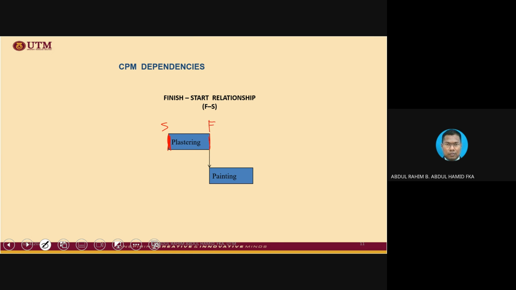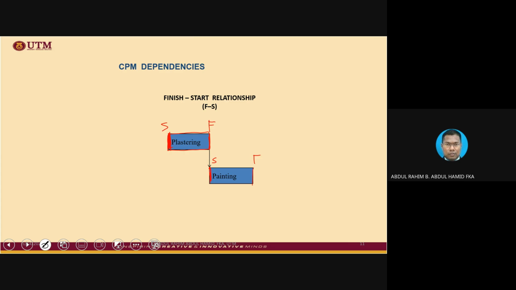Always like that. If we assume this is the box for an activity on node or PDM diagram, the left side of the box reflects start. The right side of the box reflects finish. On the other box, it repeats the same concept, start to finish.